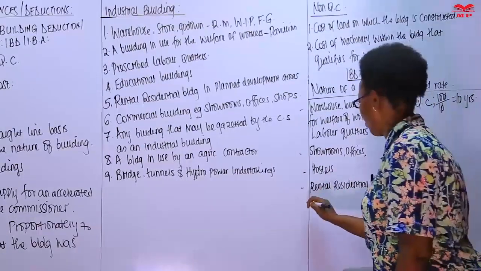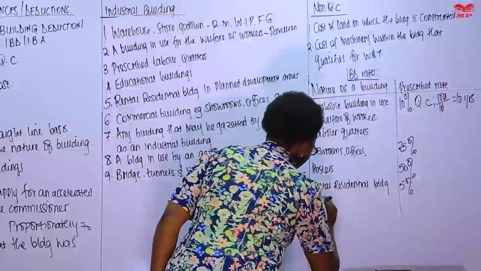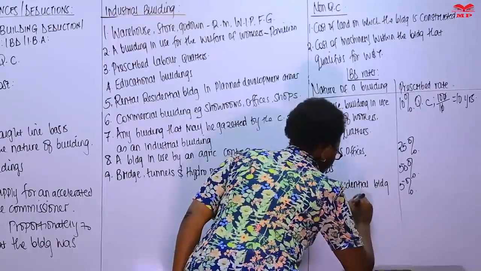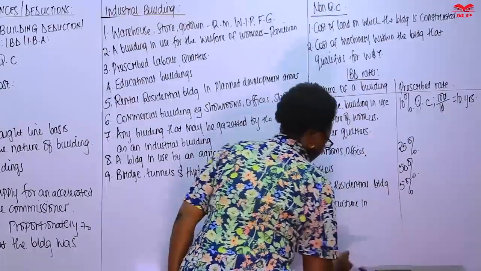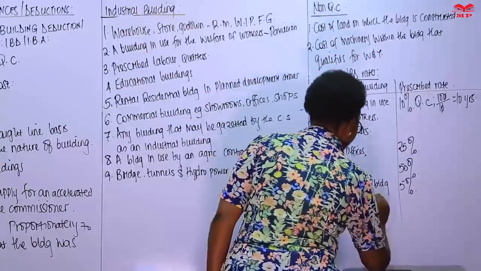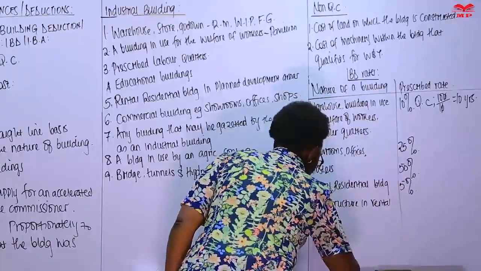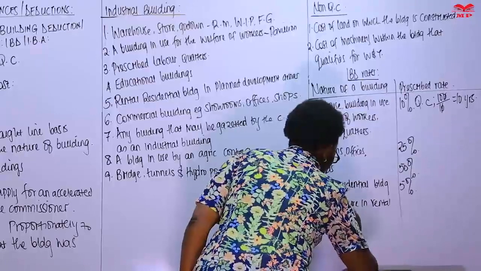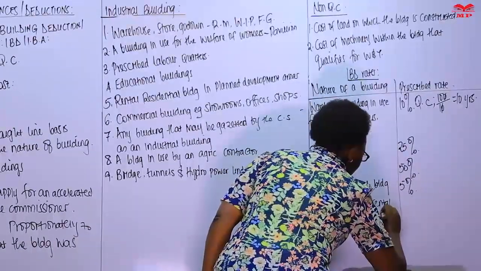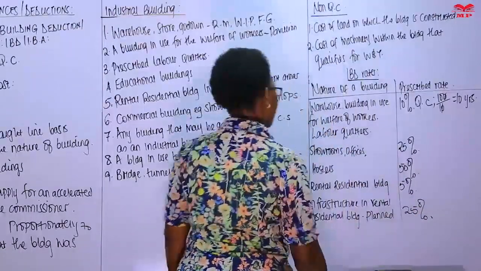There's also the cost of infrastructure in rental residential buildings in planned areas. This is granted 25%.